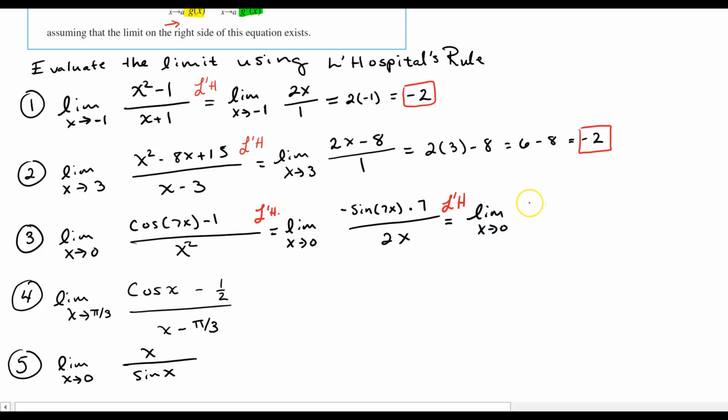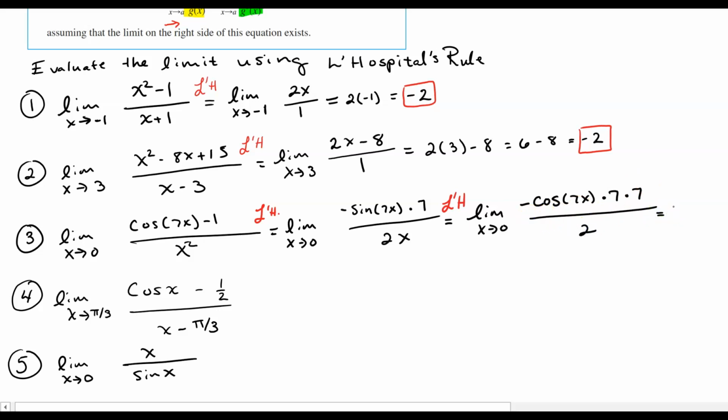So we're going to have negative sine of 7x. The derivative of that is going to be cosine, so it's going to stay negative in this case, times the original 7 that was there, times another 7 from the outside, divided by 2.